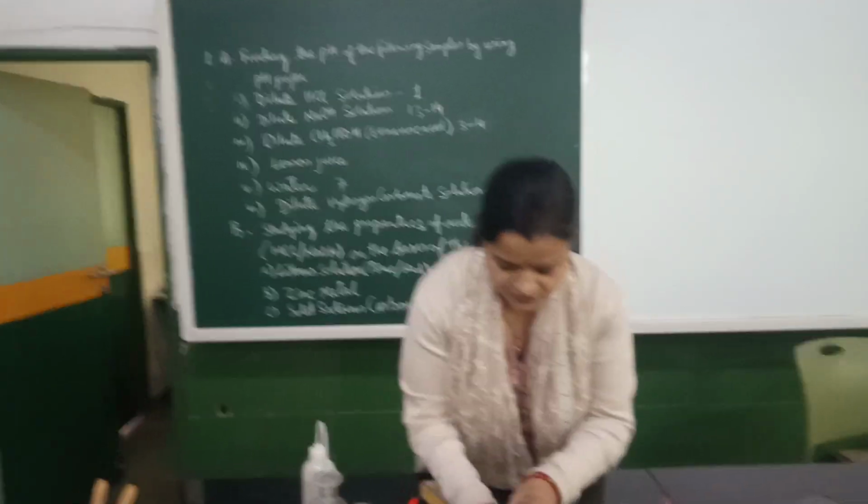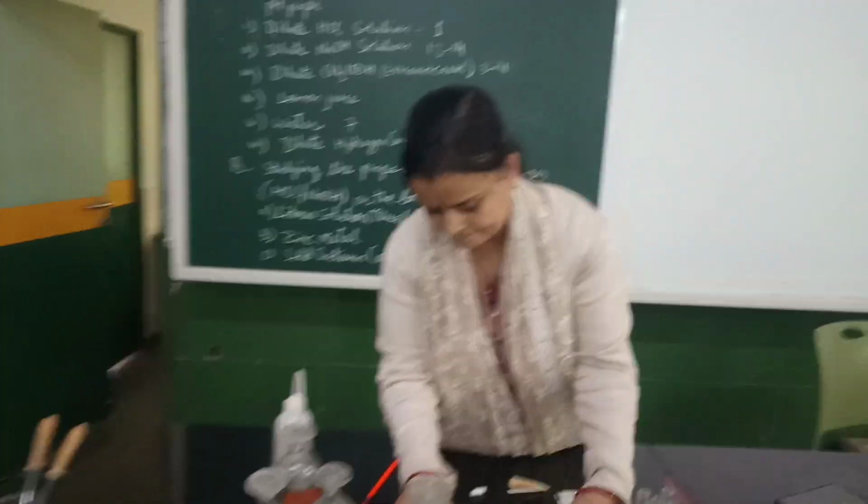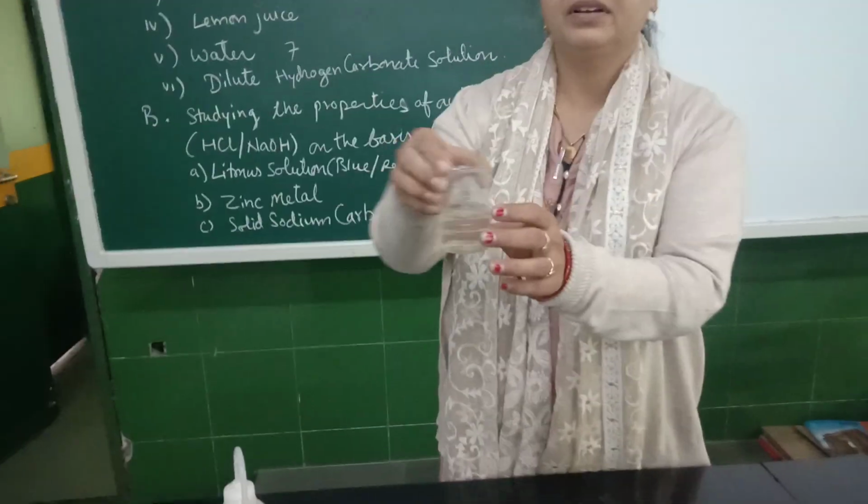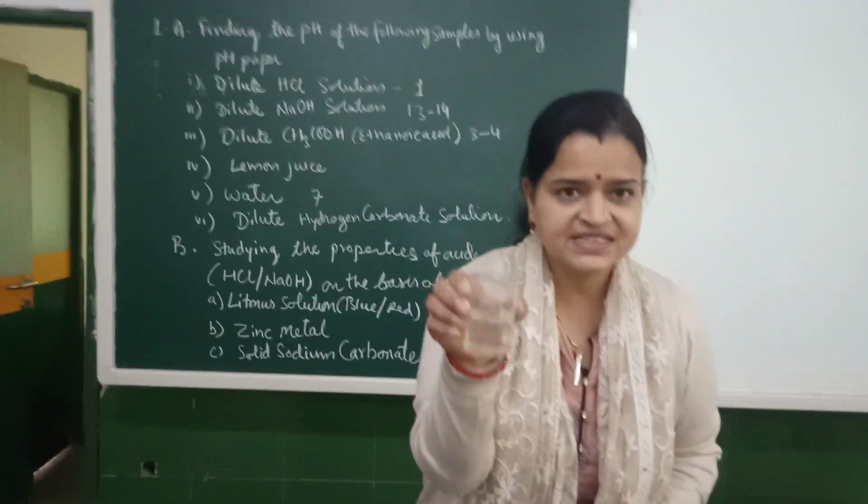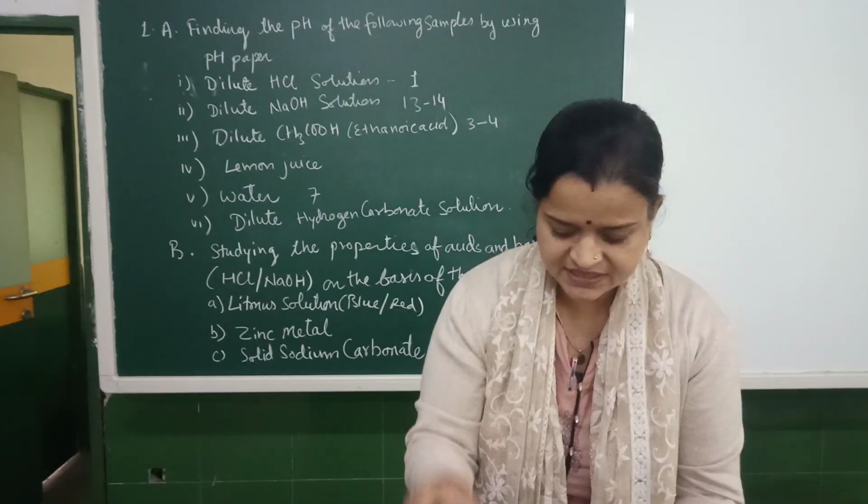Next sample is lemon juice. For the lemon juice we have, okay, we have citric acid present in this beaker. Let us test this citric acid.